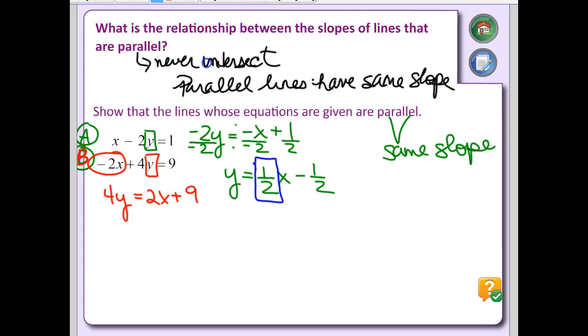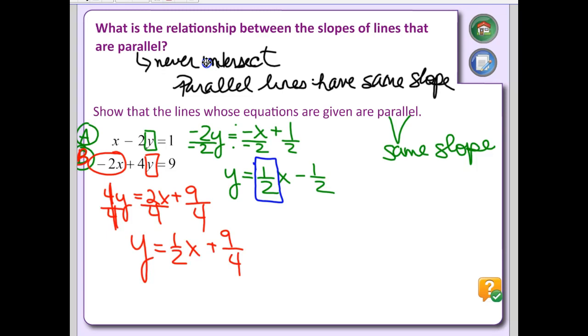Remember, I'm going to plot that 2x in where he belongs, and y equals mx plus b. Ooh, we got to get rid of this 4, which means we got to divide everything by 4. And so now I've got y equals 2/4. What does that reduce to? 1/2 x plus 9/4.